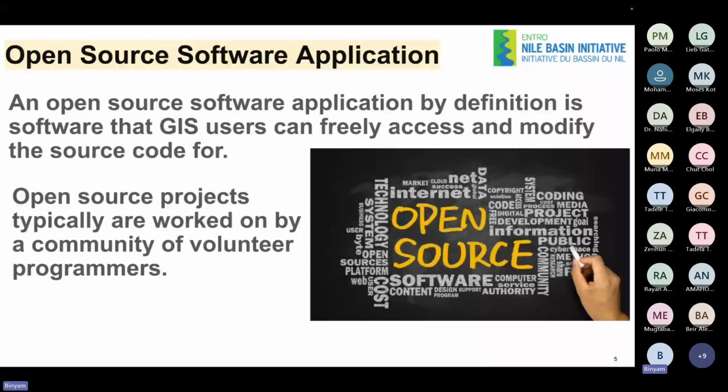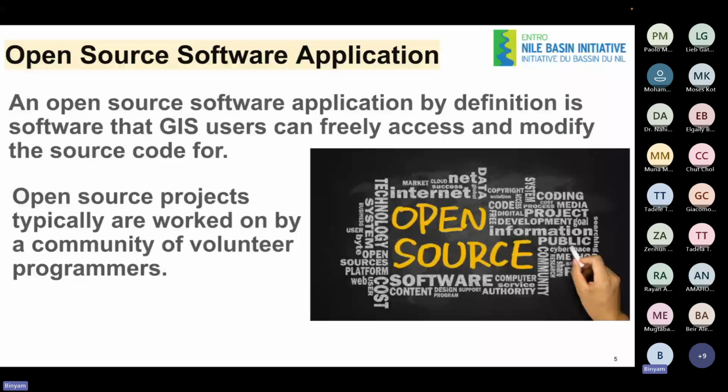So you are not only a user, you also have a chance to be a developer in open source GIS software, including QGIS, because you can get the source code of the software. Open source projects are typically worked on by a community of volunteer programmers. QGIS is also part of this.